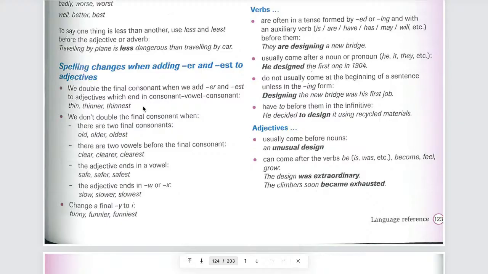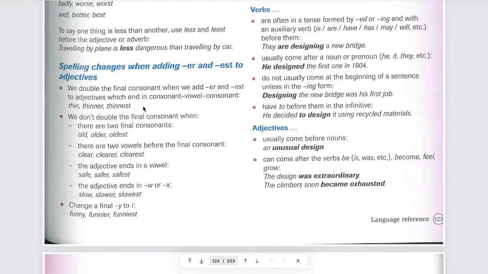Nguyên âm, right? So vowel, we have 5 vowel sounds. And consonants are the rest. Anything except these 5 vowel sounds, that's consonant. Got it?